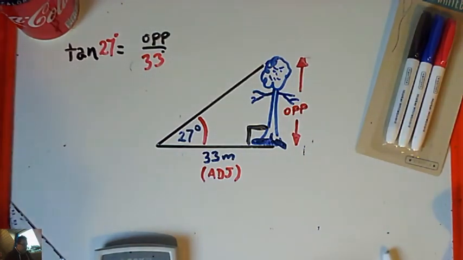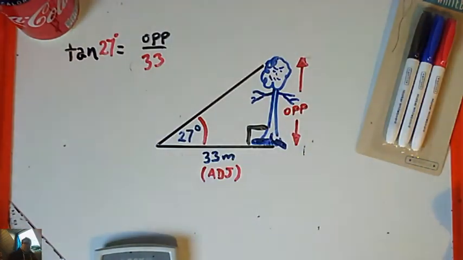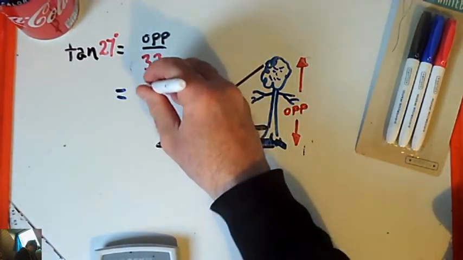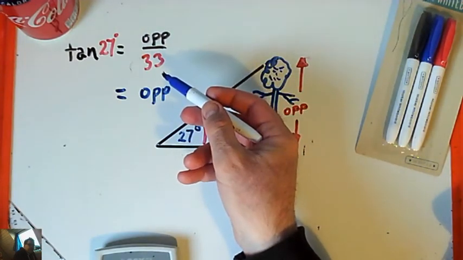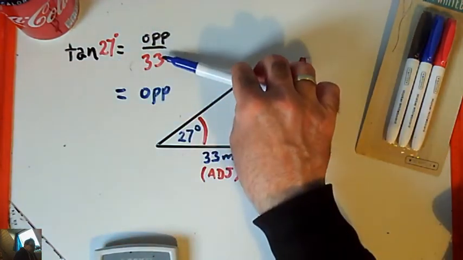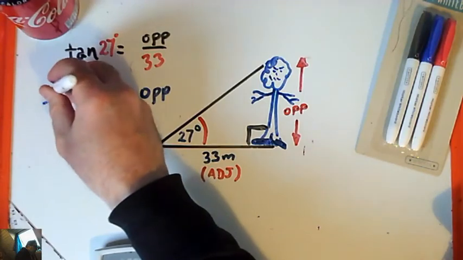So tan 27 equals opposite over 33. That looks like a degree sign there, but it's not. Opposite over 33. So I'm going to multiply both sides by 33 to get rid of the fraction and just get the opposite side on its own. So multiply the right hand side by 33, it gets rid of the fraction and you've just got the opposite side. But then I've got to do the same the other side.